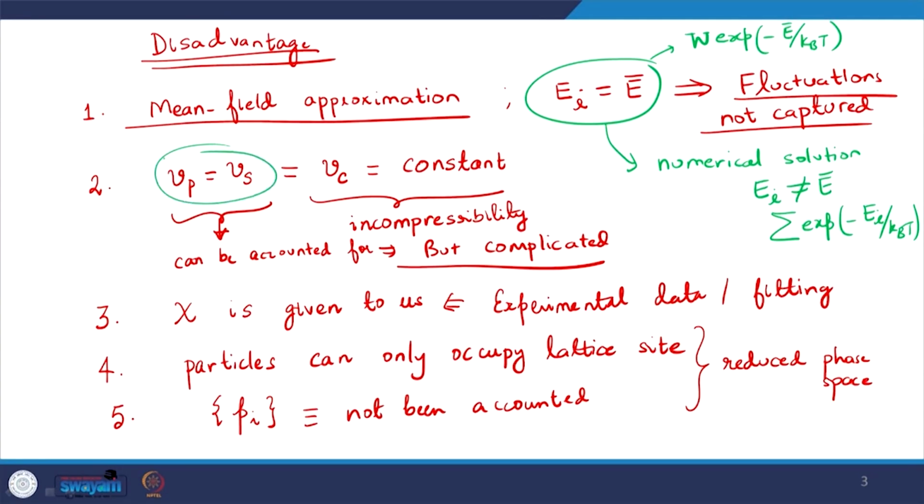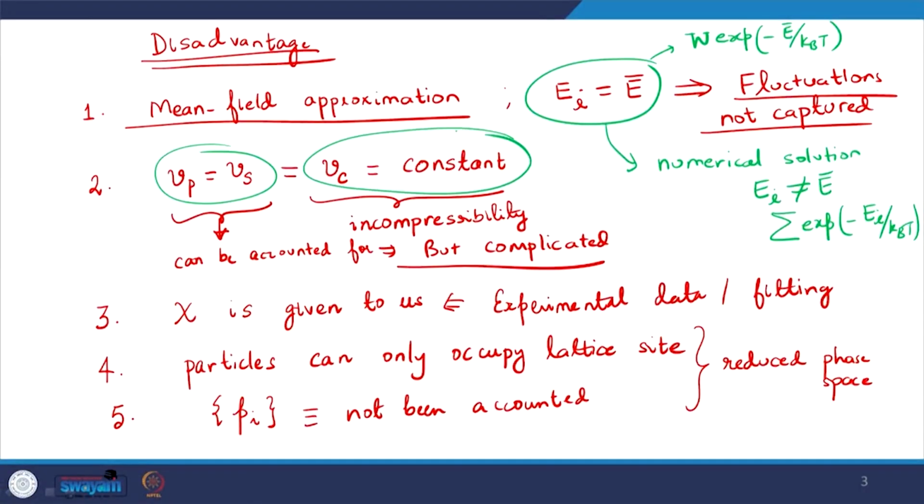The next concern is right here. I was telling you that this can be accounted for by doing a more complicated lattice. Even though there can be liquids which are not incompressible, if I want to put it correctly, all liquids will be compressible, but the amount of compressibility will vary.